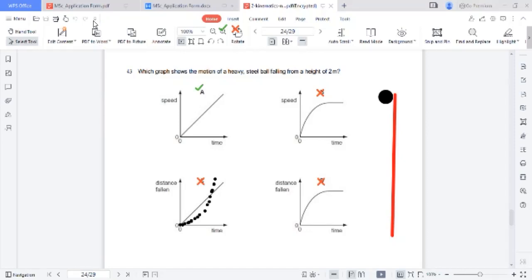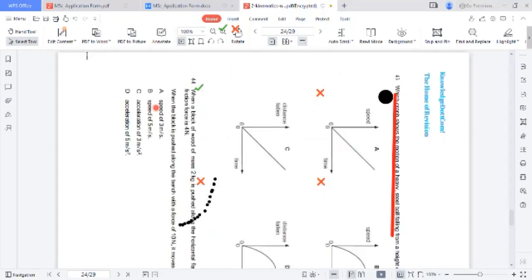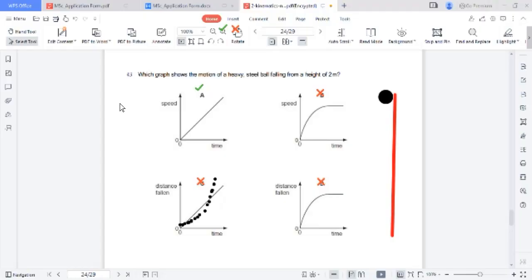So actually you know that the gradient of a speed-time graph is acceleration. If we calculate the gradient of the speed-time graph, it will give us acceleration, and acceleration in this case, when an object falls, is gravitational acceleration.